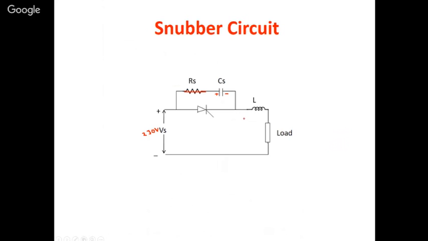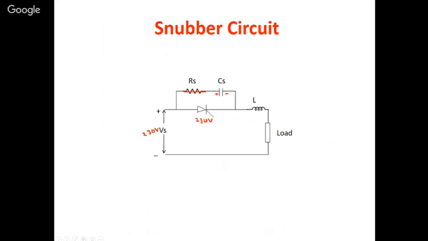So the voltage will start developing across the thyristor gradually from 0, then 10, 20, 100, and at last it becomes 230 volts. So when it is around 230 volts, now the thyristor is forward biased.